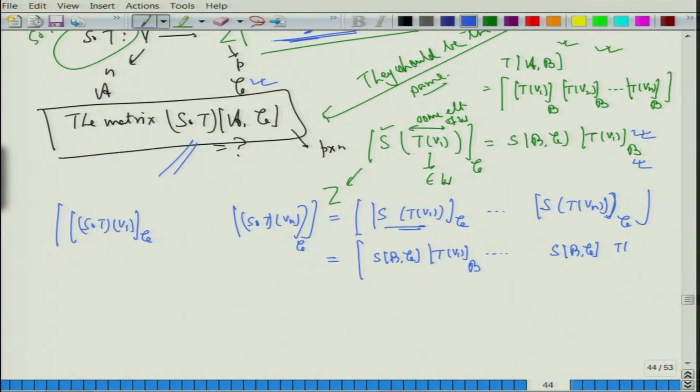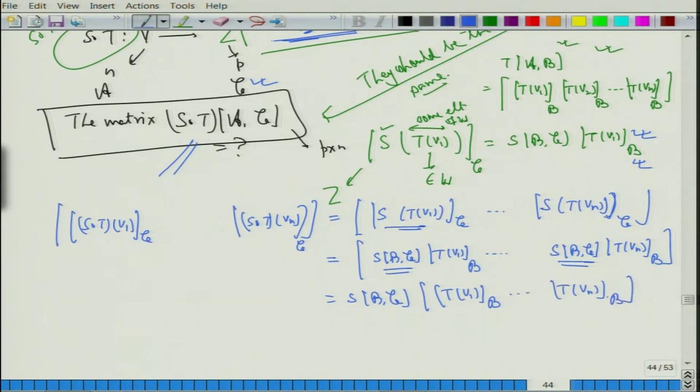Again T of Vn will come into play, and this is with respect to B. This is what I have. Now this is a matrix, this is a matrix. By matrix product, S of BC will come out, and I will be left with TV1 of B till TVn of B, and recall that this is nothing but the T of AB matrix.